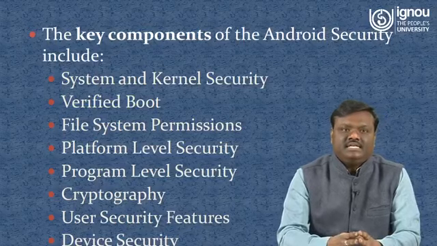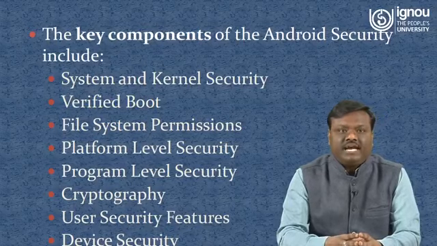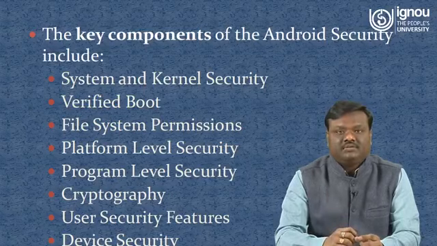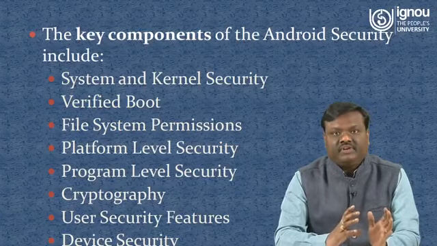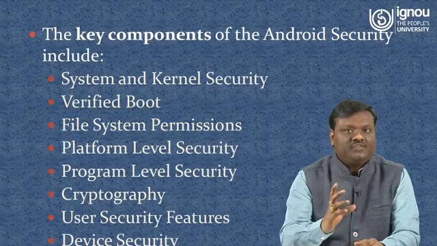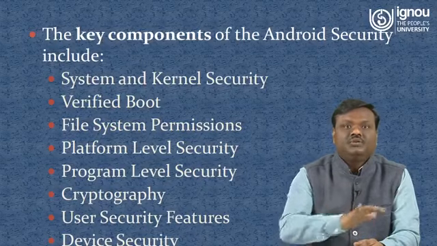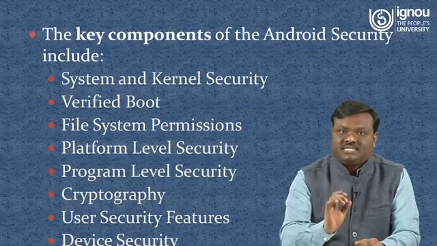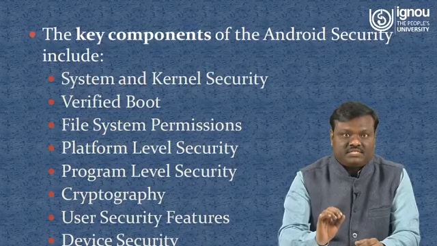So you can see here the list of key components of Android security includes not only the system and kernel security. Whenever we talk about system security, or the security feature of any operating system, it should holistically cover each and every feature. So system and kernel security are the basic things.